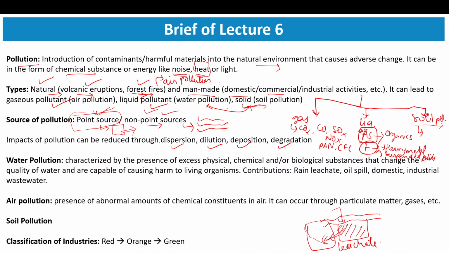Now moving forward to another terminology, so far we have covered this in brief. Water pollution was covered in detail, which means the characteristics of water are changed by the addition of contaminants in the water bodies. It can be because of excess physical, chemical, or biological substances.